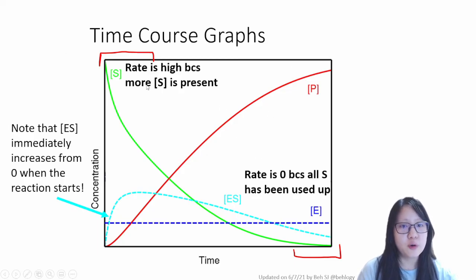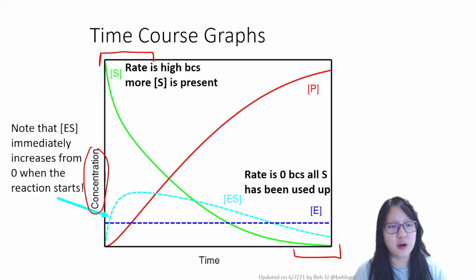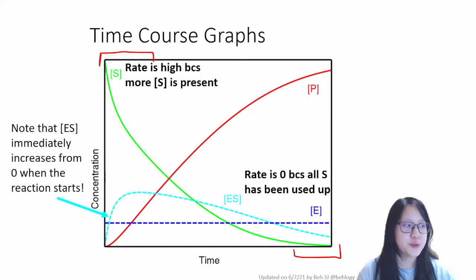So that's an important distinction to keep in mind. Are we talking about concentration of substrate or product or enzyme substrate complex, or is it enzymes? Is the question asking you about concentration, or is it asking you about rate over time? So yep, that's the time course graphs for you.